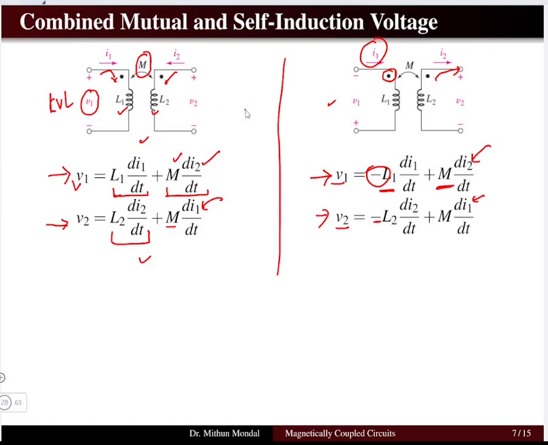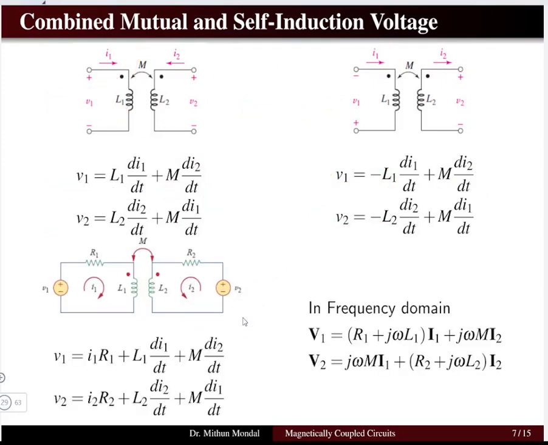So two possibilities of connections are there. We can apply the KVL equation and determine the voltage due to self-inductance and the voltage due to mutual inductance, and combine them to form the net voltage in the first and the second coil. Now here we have not taken any drop into account. We can take that there is a resistive drop due to the coil resistance.